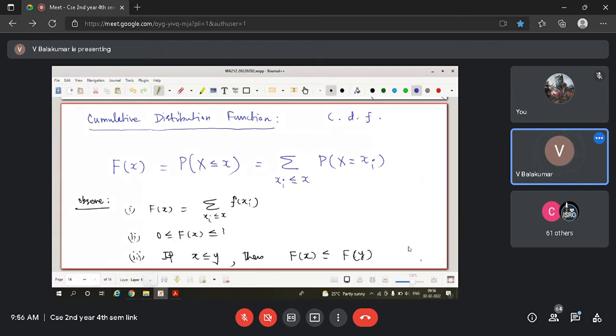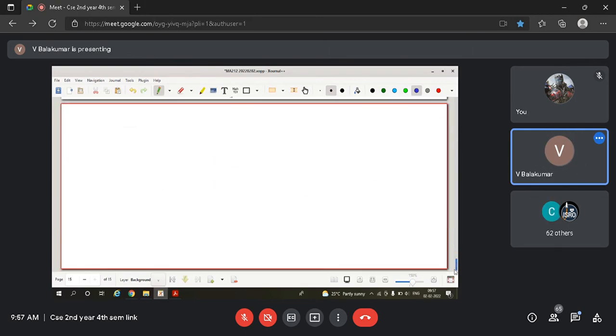Now, once you write a probability distribution, we want some properties of that. First property is mean, then variance.